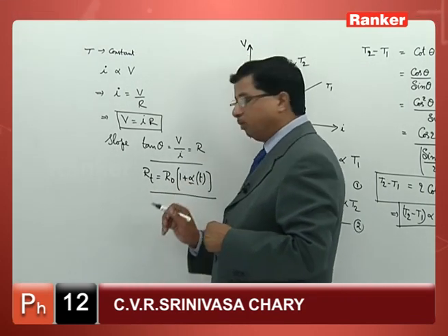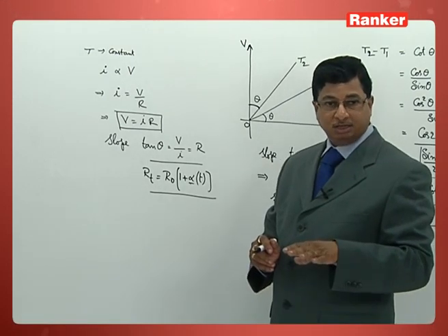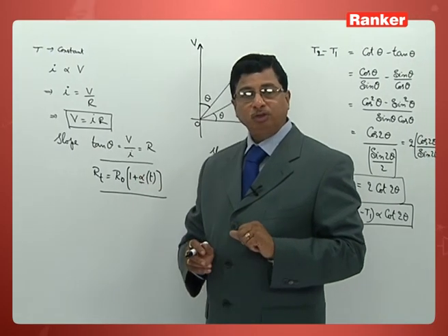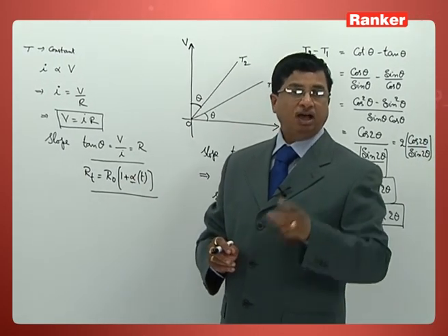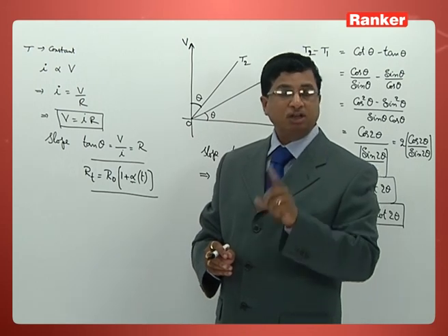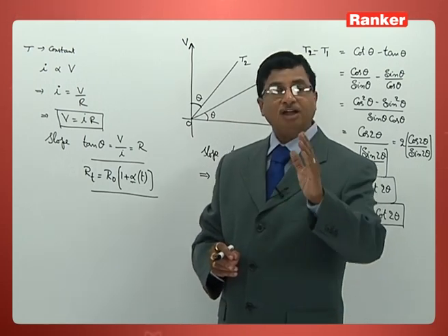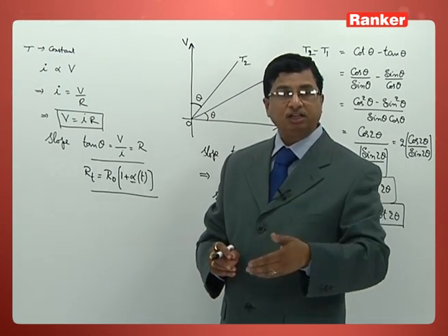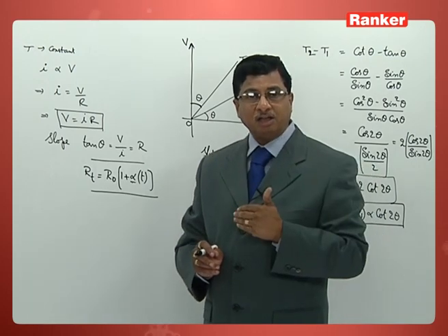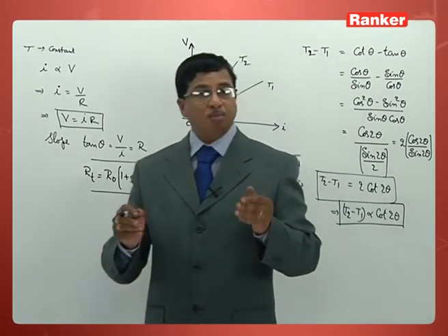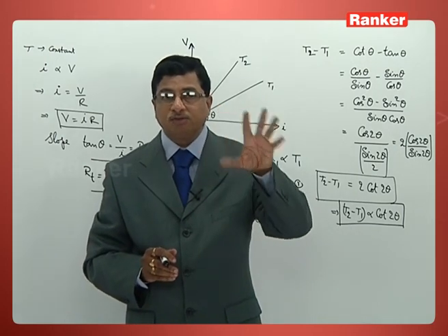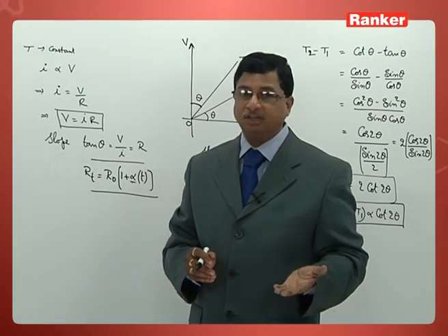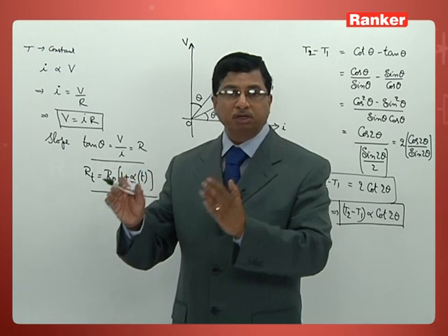This alpha value, which I have given you as the temperature coefficient of resistance, you must have read also: if alpha is positive, one should understand it is conductor-like. If alpha is negative, we should understand it is semiconductor-like. And of course, all the conductors come under the ohmic category of resistances, and all semiconductors and semiconductor devices come under the non-ohmic category.